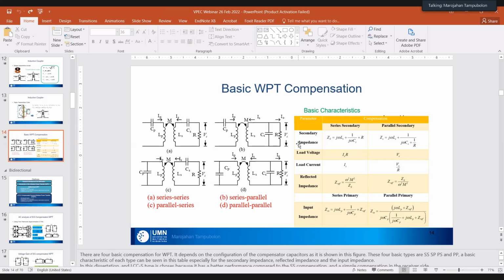Right now I don't know if there is a rule that says we cannot use variable frequency for WPT. So I think it's okay as long as it does not interfere with other systems. I think that's the most important.